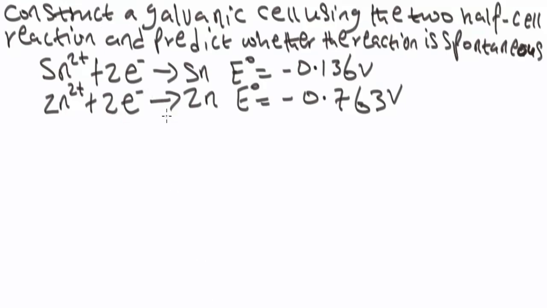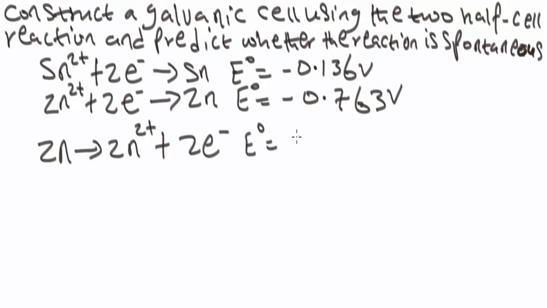Remember we have to reverse it before using it as the oxidation half reaction. So if we reverse it, zinc will decompose to give zinc ion plus 2 electrons, and the sign of the electrode potential will change, now plus 0.763 volts.